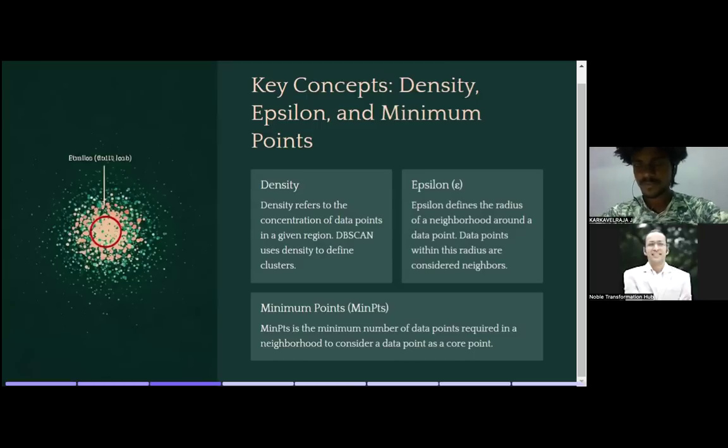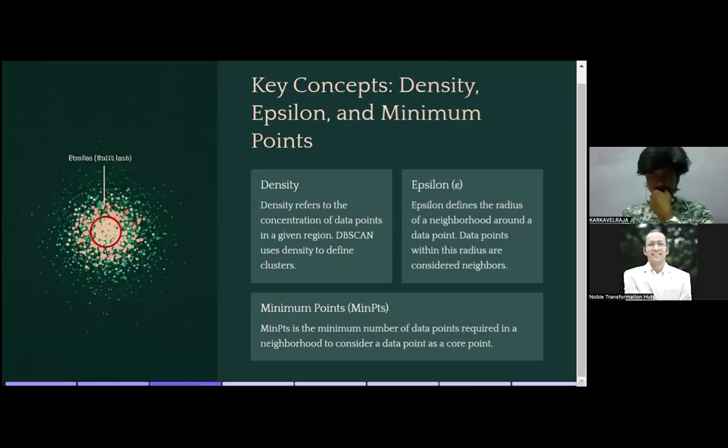The minimum points is the minimum number of data points required in a neighborhood to consider a data point as a core point. I'll give an example. We have elections, so we have a minimum number of voters for a state assembly, and more voters for the Lok Sabha election when we have to choose the central government.